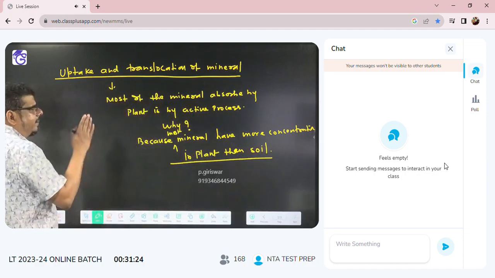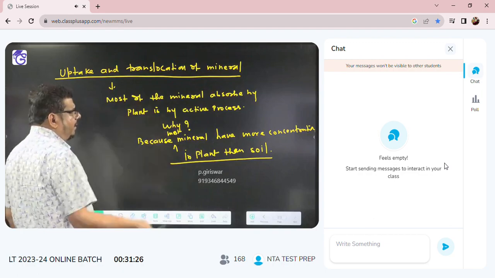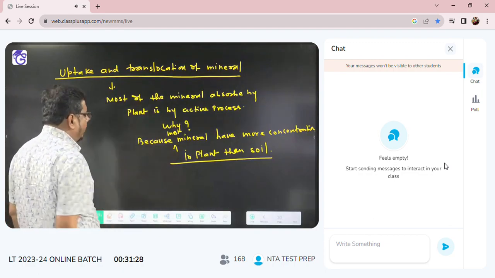So when it is coming from soil to plant, it is coming from low to high.